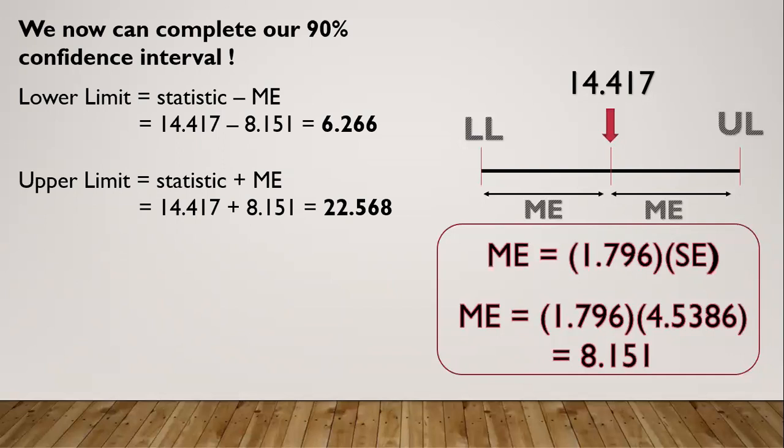On the other end of the spectrum, for our upper limit for the confidence interval, we add the margin of error, 8.151, to the D bar value. When we put those two together, we're going to find an upper limit that's a little bit more than 22 points, about 22.568. So we now have the range of values for the confidence interval for the class at large.